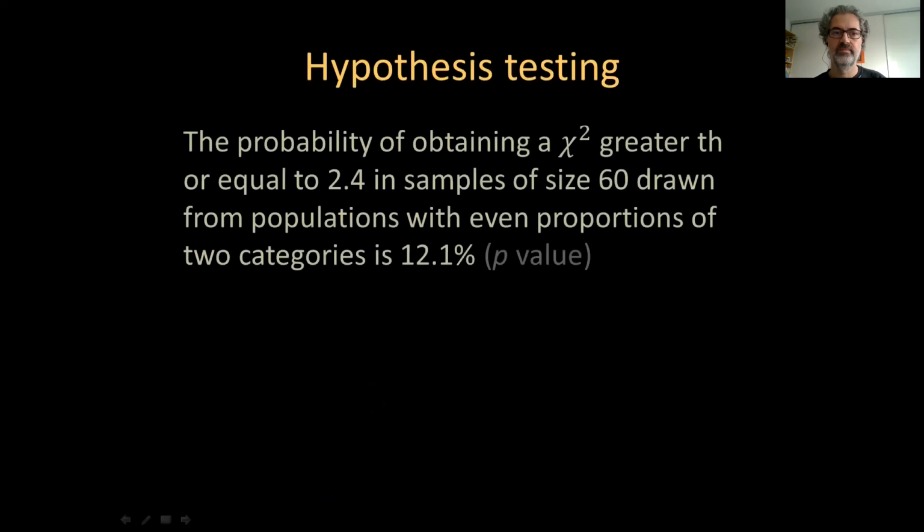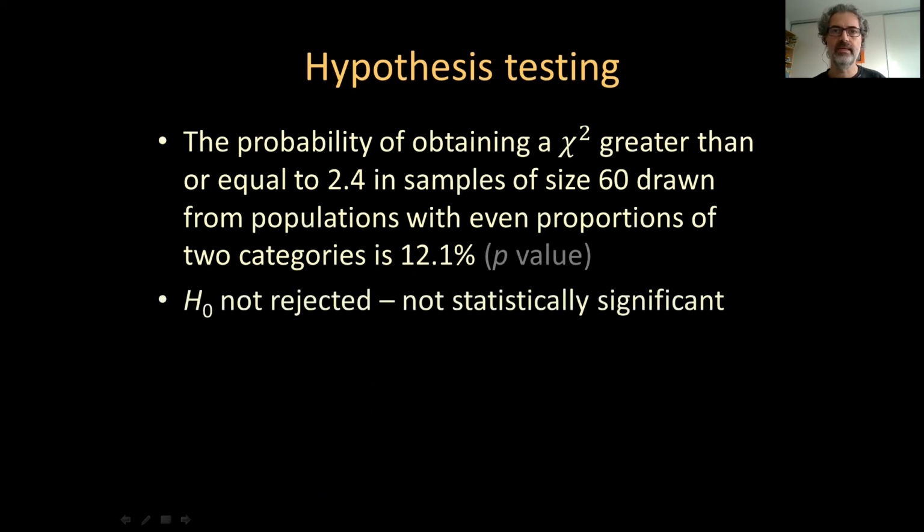So, in other words, the probability of obtaining a chi-square greater than or equal to 2.4 in samples of size 60 drawn from populations with even proportions of two categories is 12.1%. This is our p-value. Our p-value is 0.12. Is our p-value low? It's not very low. It's well above the conventional criterion of 5%.